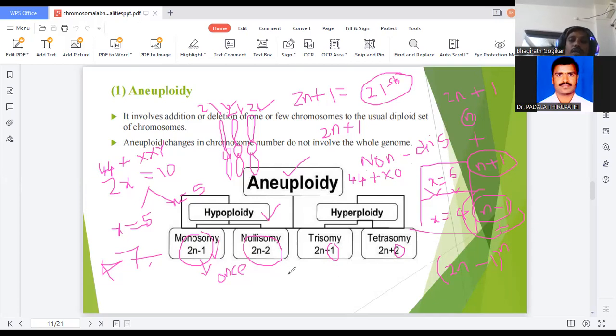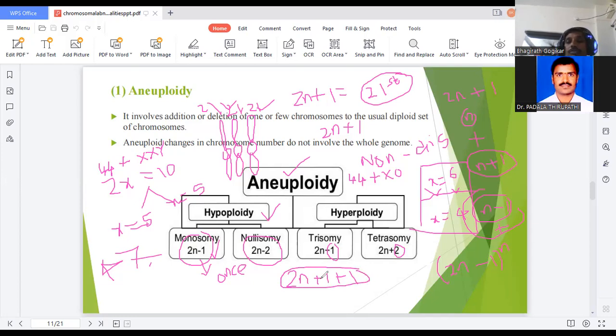For example, double trisomic is also there. Double trisomic means 2n plus 1 and 2n plus 1. So 2 chromosomes are additionally added to the normal diploid set. This is called double trisomic.